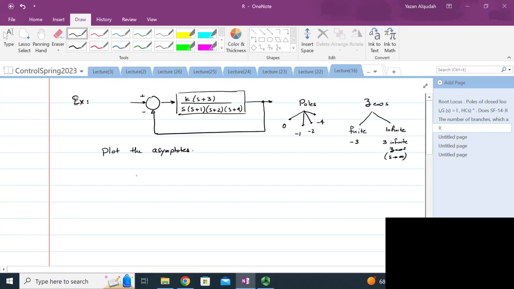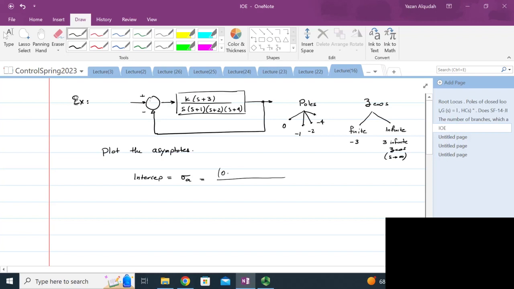So we're going to calculate the intercept, and we'll see what this means. But the formula says your intercept is equal to the summation of the finite poles minus the summation of the finite zeros divided by the number of finite poles minus the number of finite zeros.